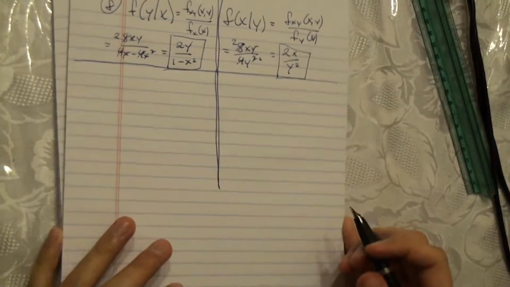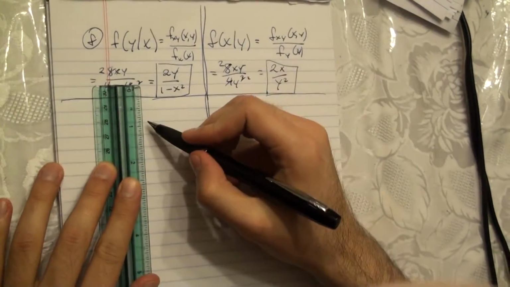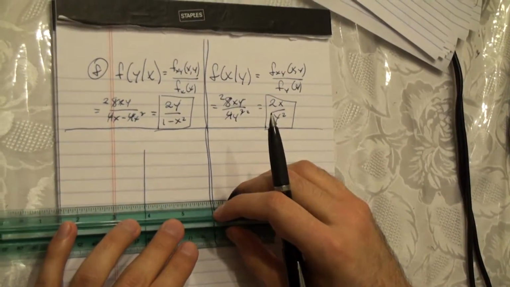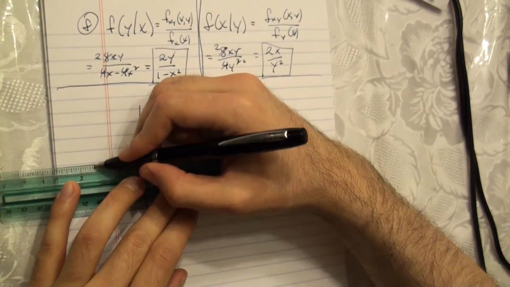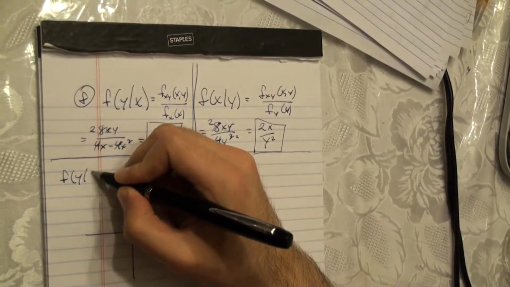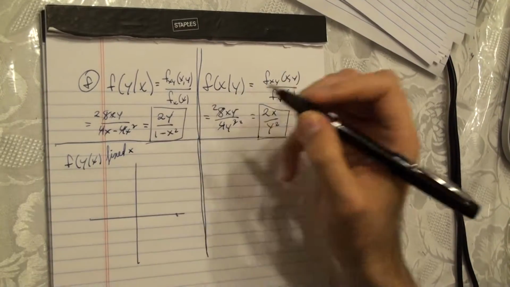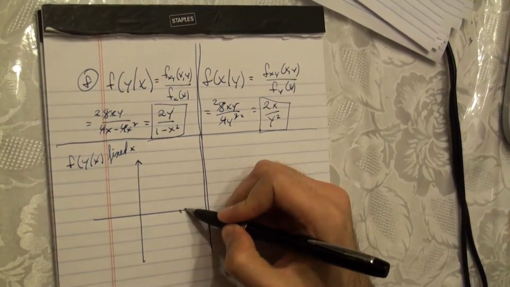So now they want us to sketch it. I want us to sketch f of y given x for fixed x, because if it weren't for fixed x, we'd have a three-dimensional density plot.